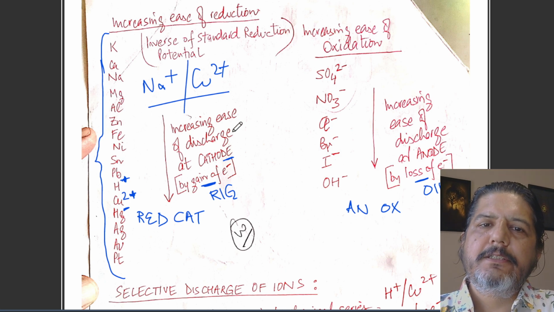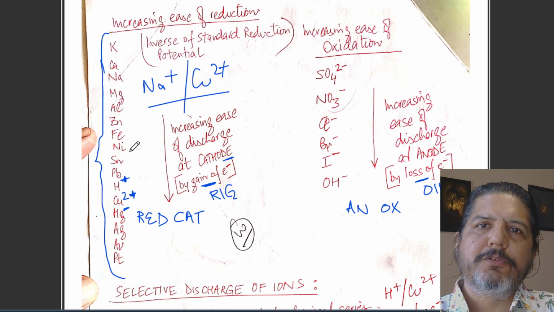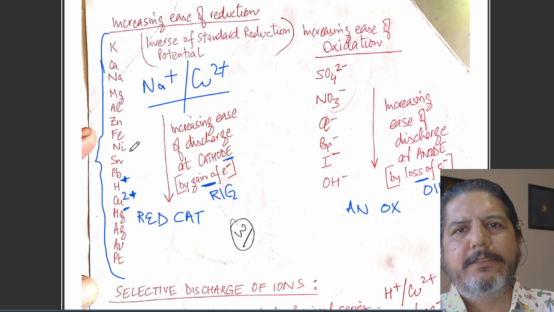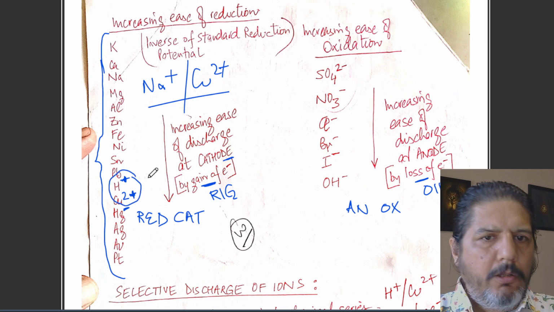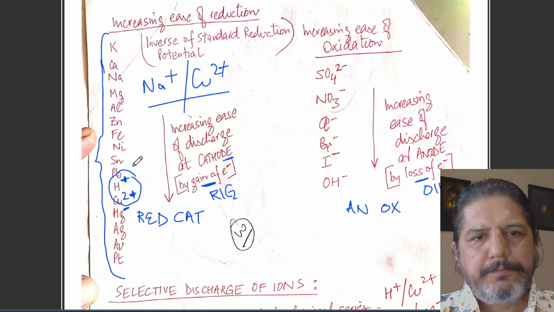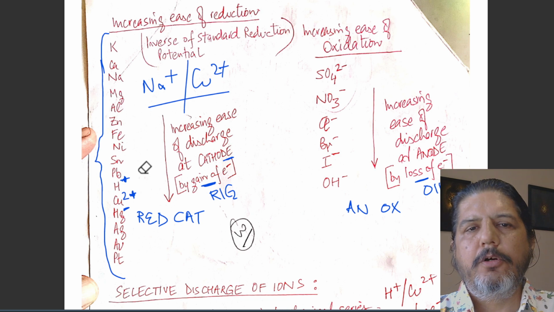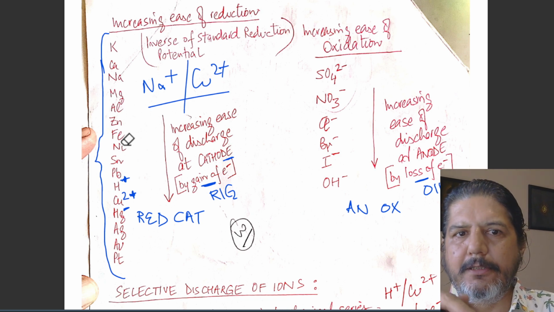There will be an increasing ease of discharge at the cathode by gaining electrons. So Cu2+ would prefer to gain two electrons and get discharged at the cathode rather than H+. What I'm trying to say here is that the discharge of the cations depends upon this series.